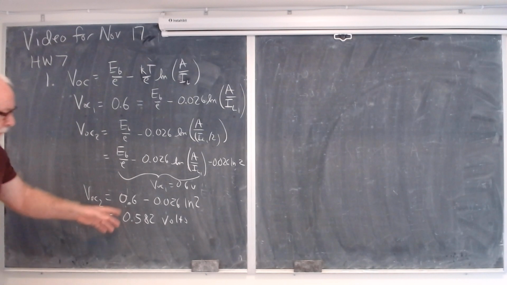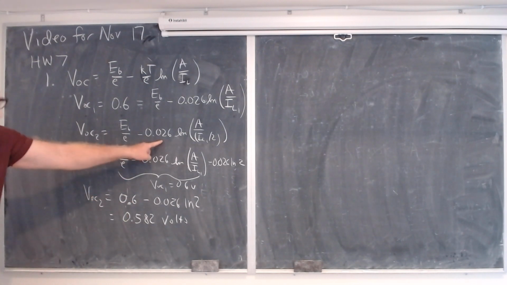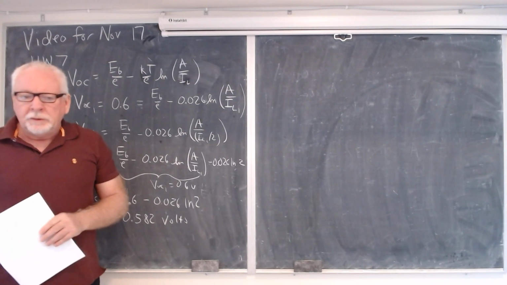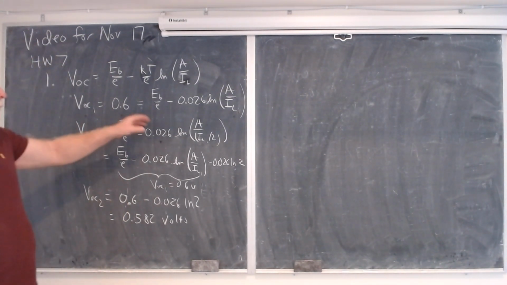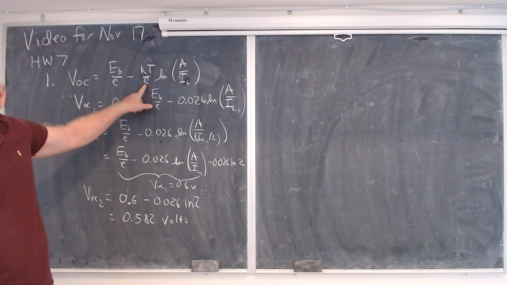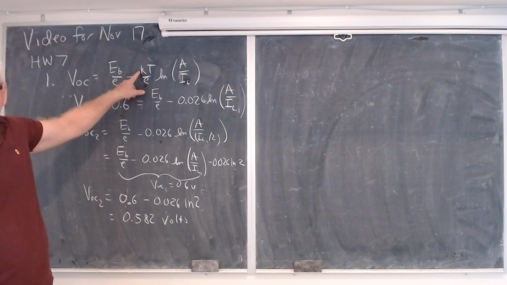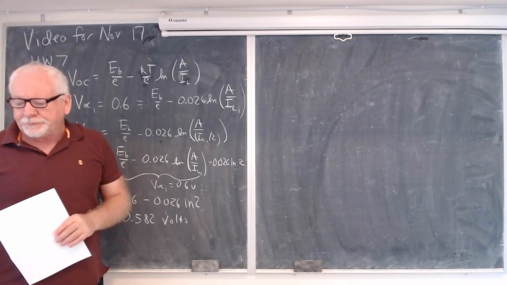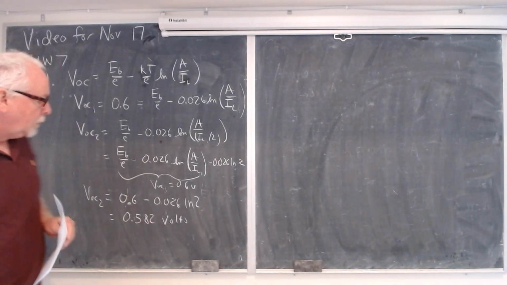All you need to know is KT over E. KT over E is KT in electron volts and volts, so KT is 0.026 electron volts, and KT over E is 0.026 volts. And that's it.